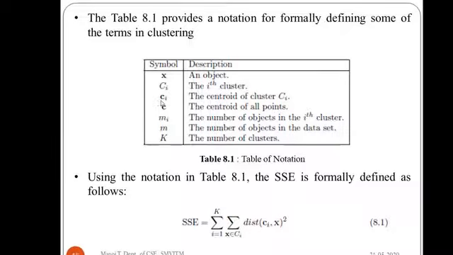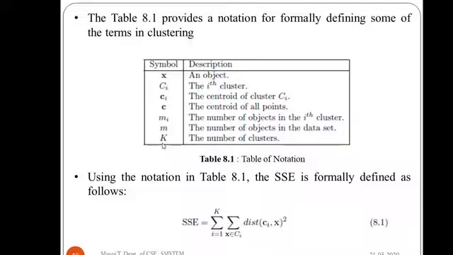Small ci means the centroid of cluster Ci. Small c is the centroid of all the points. mi is the number of objects in the ith cluster. m is the number of objects in the entire data set. Capital K means the number of clusters.